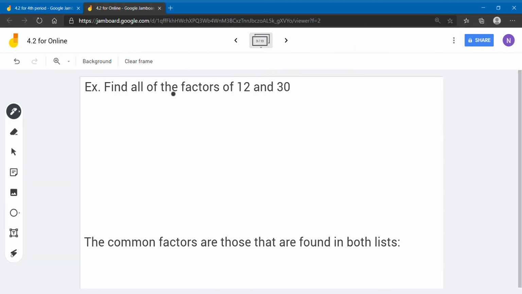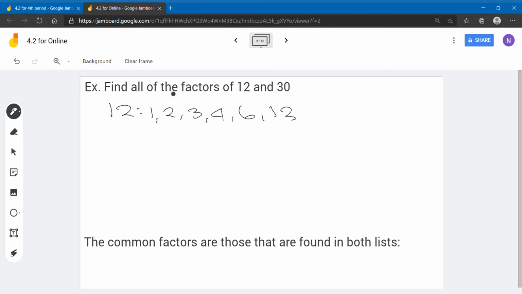Now, let's have some examples. Let's list all the factors of 12 and 30. So let's start with 12. The first factor of all numbers is 1. And then this one is 2, 3, 4, 6, and 12.